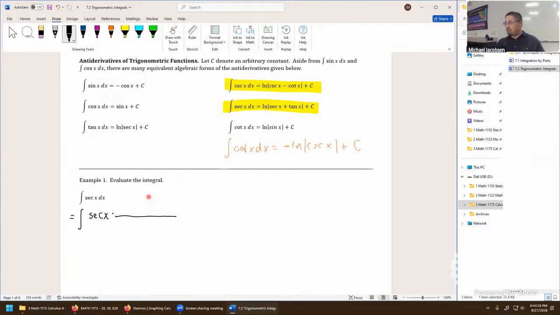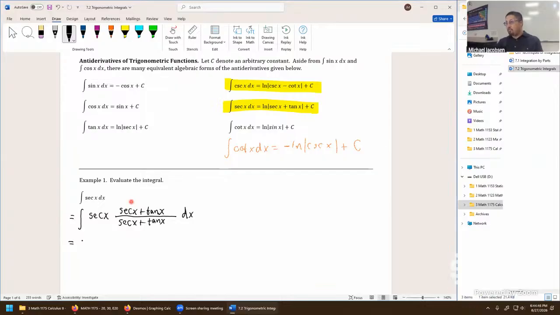I don't know who came up with it originally, but if you take secant x plus tangent x, divide by secant x plus tangent x, that does the job. And again, that's very bizarre. We're just running through this for the sake of the derivation, but also to show how u substitution works in these kinds of problems. So now that it's in that form, I multiplied by 1 essentially.